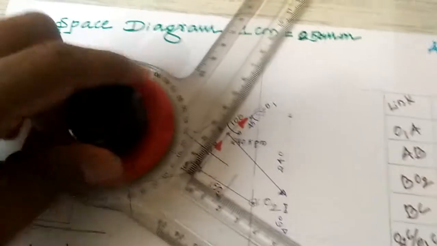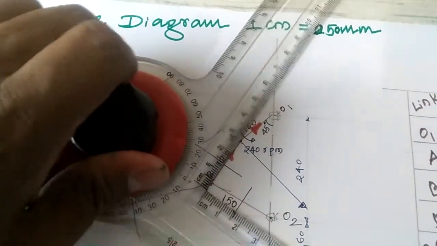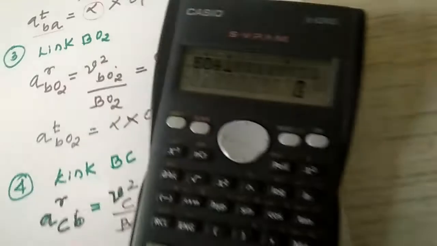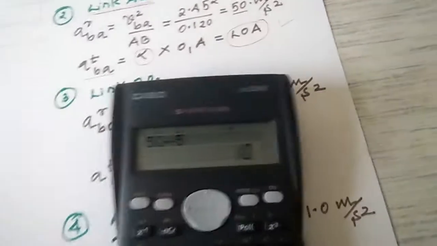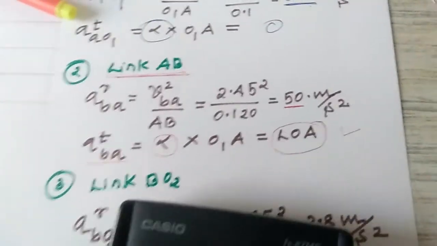Here you have to make it aligned for the radial acceleration, the same as the link. How much? 50 divided by 5 comes as 10 centimeter. You have to draw the 10 centimeter.